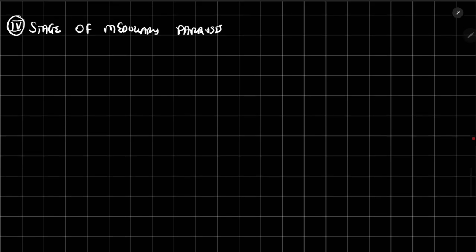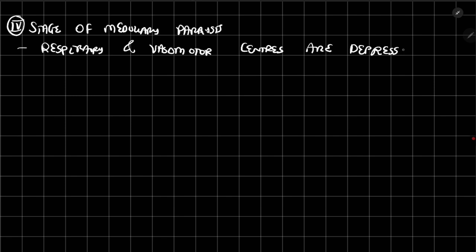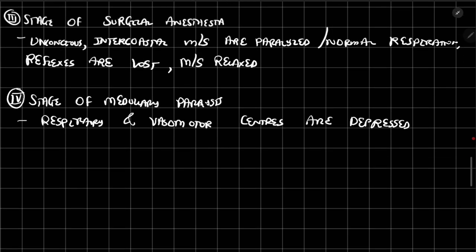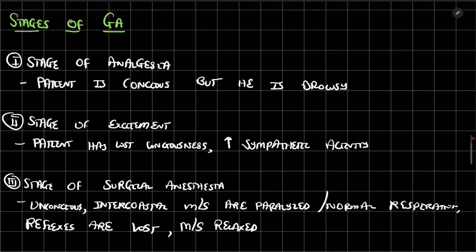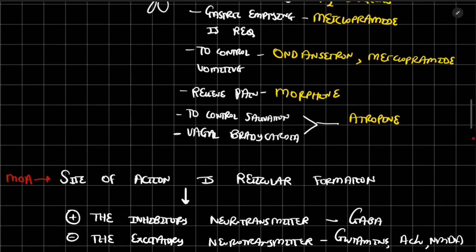Medullary paralysis states that the respiratory and vasomotor centers are depressed. If stage 4 persists for a longer time, it will lead to coma and death. So stage 3 is preferred, but if it goes to stage 4, it generally leads to coma and death. So these are the stages of general anesthesia which we will observe when the general anesthesia is infused.